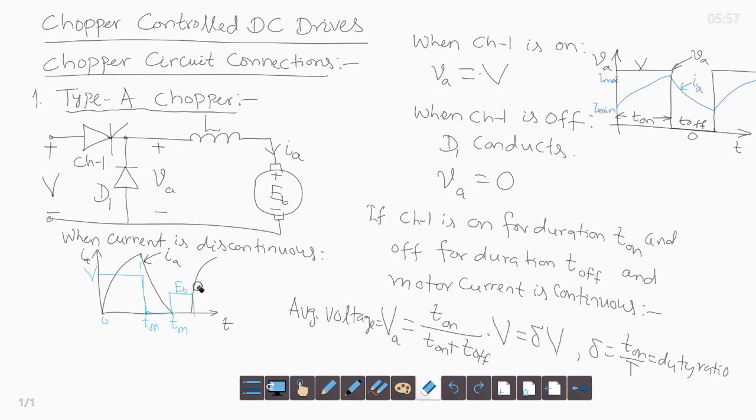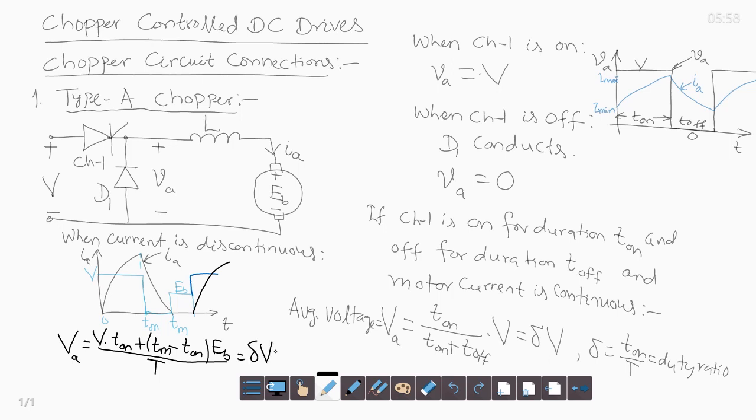So you can find out that in this case the average voltage VA equals V times T on plus Tm minus T on times EB, divided by T, that is delta times V plus Tm minus T on times the chopping frequency times EB.